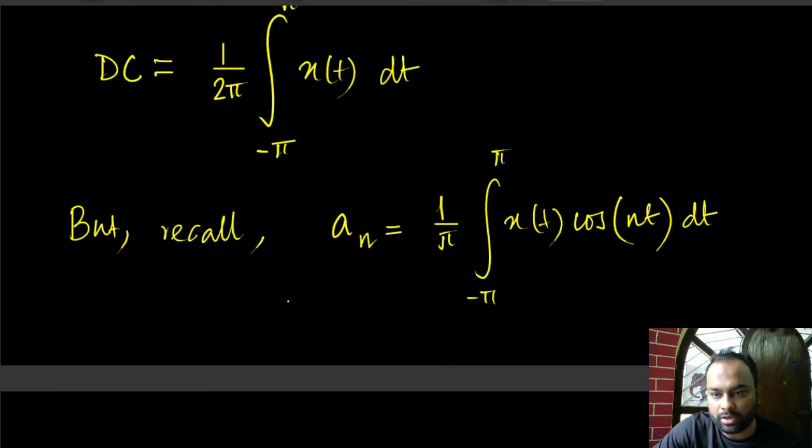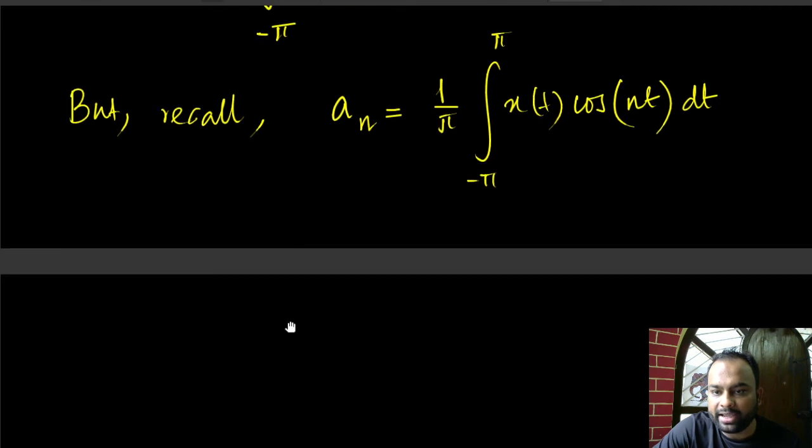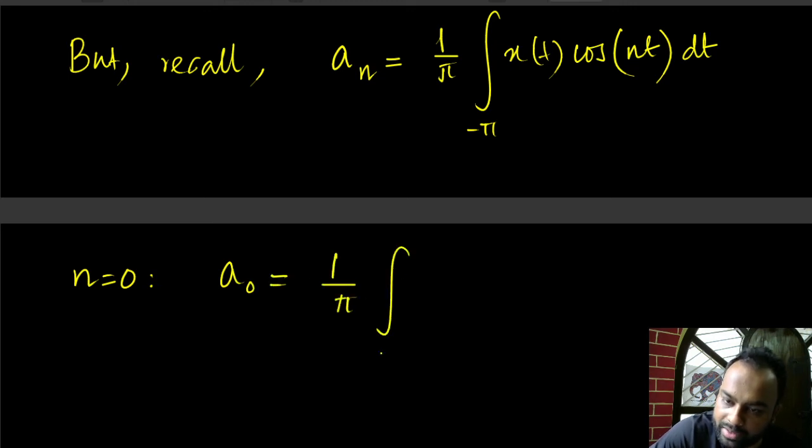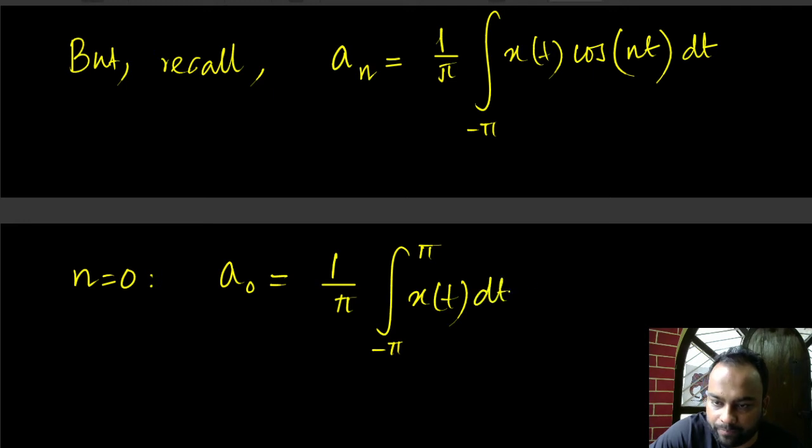So with this expression, if I put n equal to 0, what do I get? I get a0, which is 1 by pi integration from minus pi to pi x(t) and cos 0, which is 1, dt.